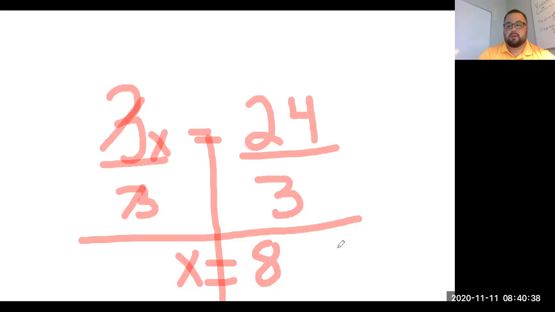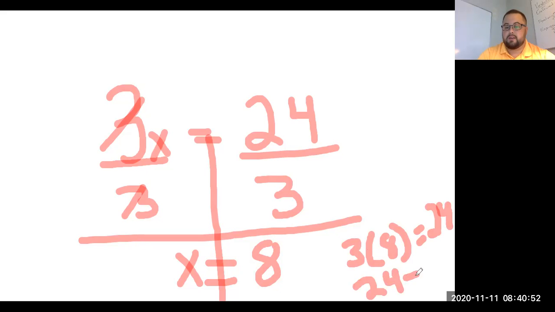So it would be 3 parentheses 8 equals 24. And in fact, when we do that, we do know that 3 times 8 is 24. So 24 equals 24. Okay. So we there know that our equation is balanced.